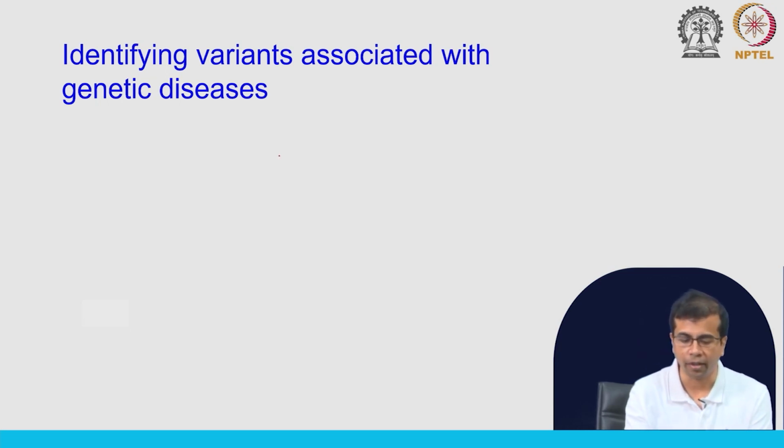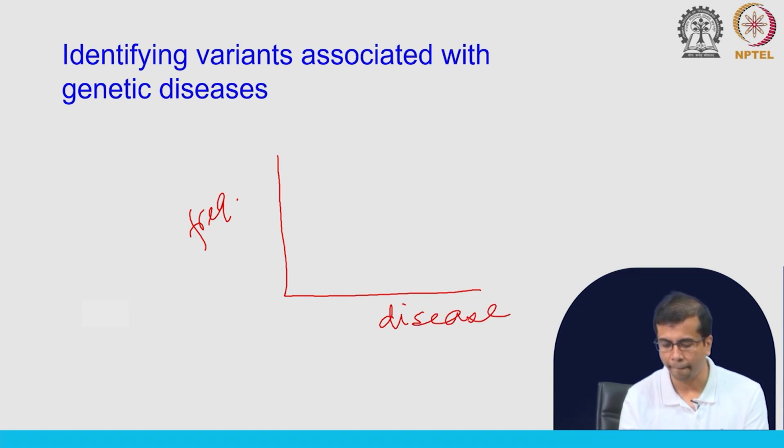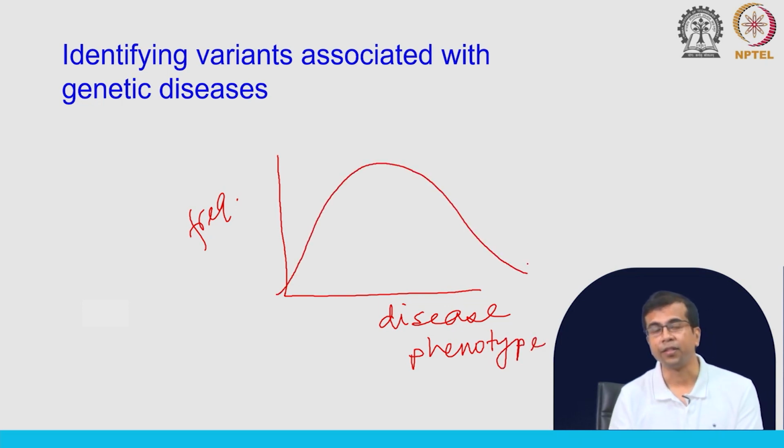So, what I can do, I can draw something like this. Let us say this is the frequency, and this is the disease phenotype, and maybe the distribution looks something like this. And some of these mutations.